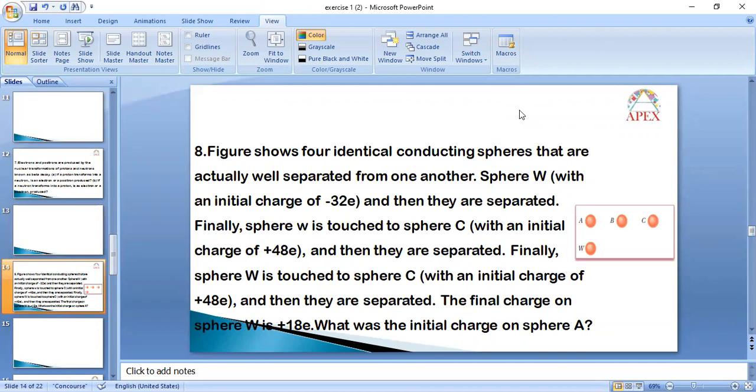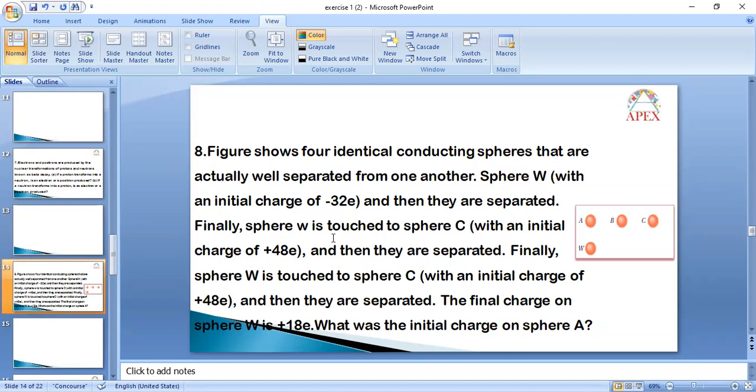Now question number 8. The figure shows 4 identical conducting spheres that are well separated from one another. Sphere W has an initial charge of minus 32 E, and then they are separated.